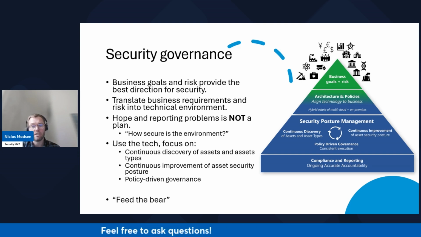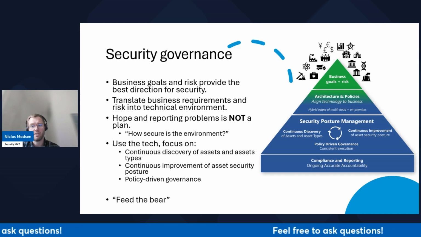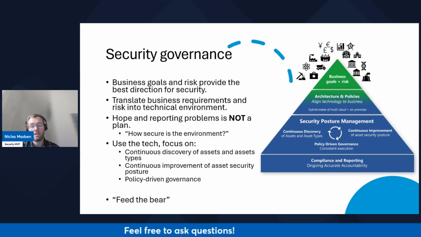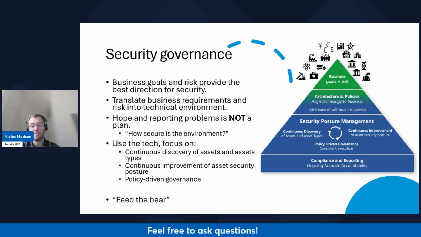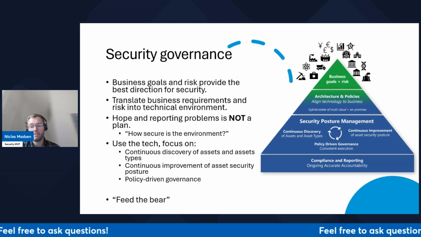That usually doesn't work too well, because attackers don't care about your internal processes, right? They always follow the path of least resistance to reach their goal, which also means that they will, without hesitation, move laterally between your cloud and on-premise environment if they can. So really try to focus on unifying everything.